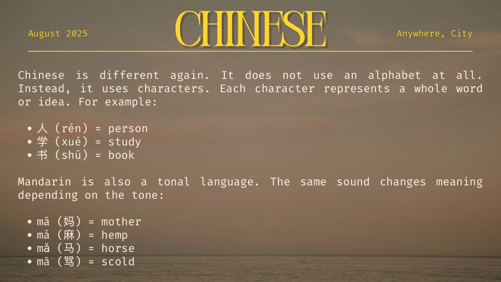You can never see or hear that in English or maybe in Arabic. So you might want to be careful with that, unless you want to mistake mā, the first tone, which means mother, for mǎ, which means horse. You don't want to mix that up.